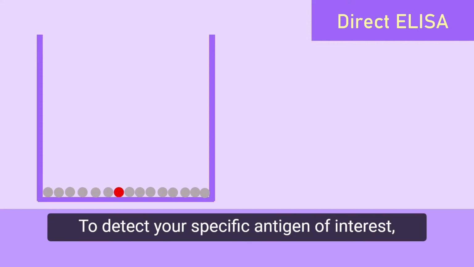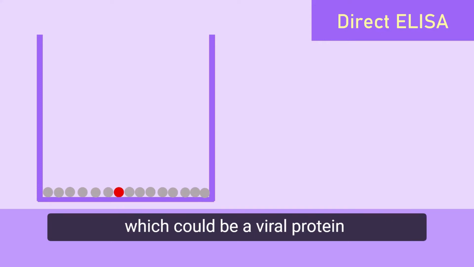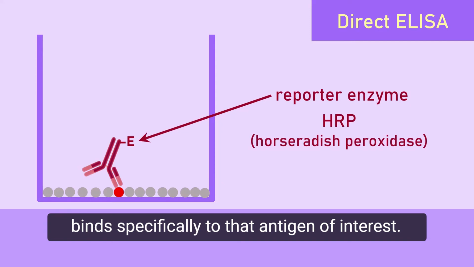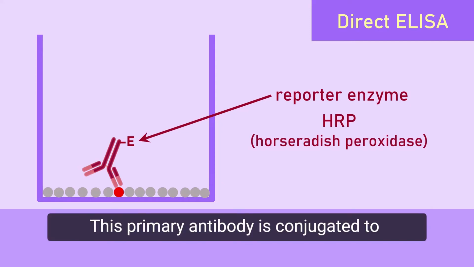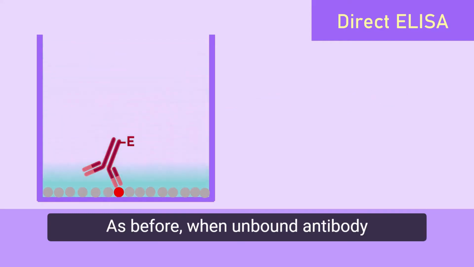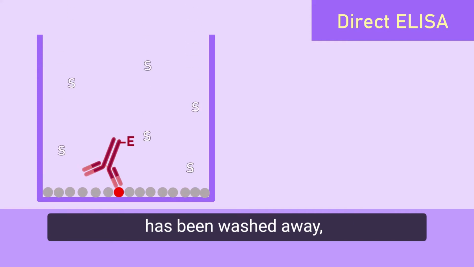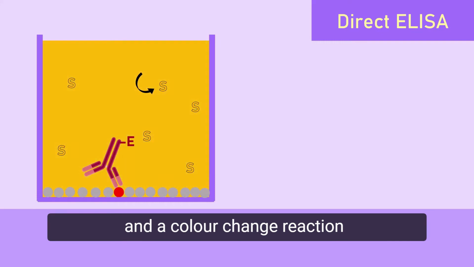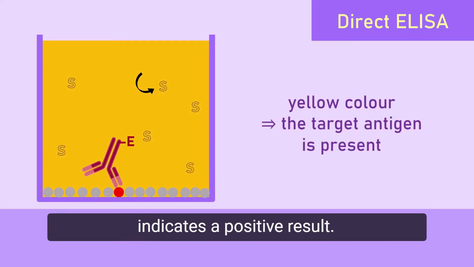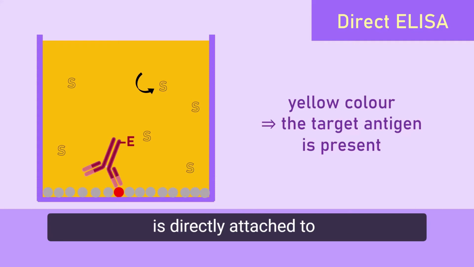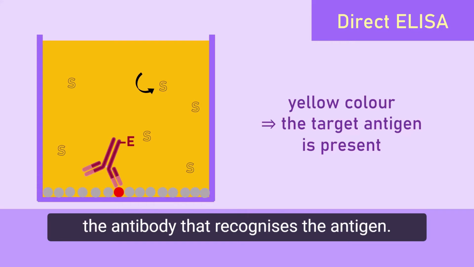To detect your specific antigen of interest, which could be a viral protein or a cancer biomarker, for example, you simply add in an antibody that binds specifically to that antigen of interest. This primary antibody is conjugated to the reporter enzyme HRP. As before, when unbound antibody has been washed away, the substrate of the HRP enzyme is added, and a color change reaction indicates a positive result. So in direct ELISA, the reporter enzyme is directly attached to the antibody that recognizes the antigen.